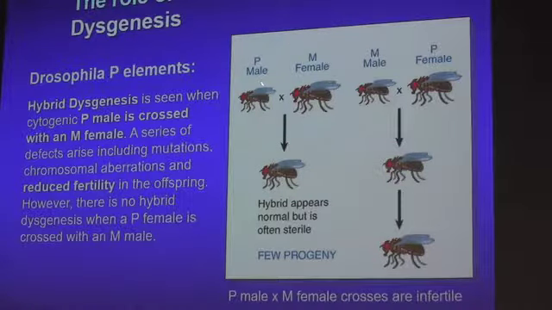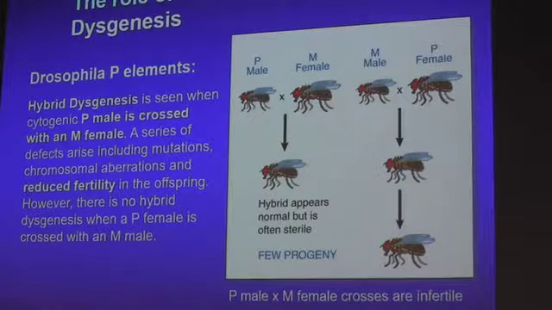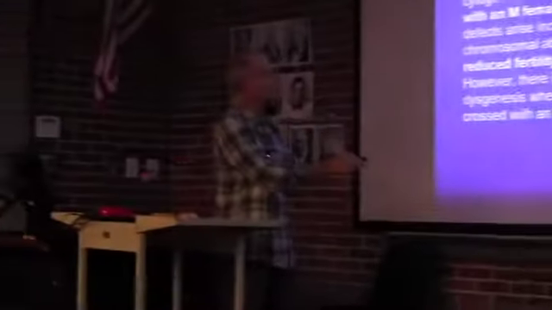If it was a P male and it crossed with an M female, you got what looked like a normal fly, but they were sterile. They'd also have other kinds of genetic disruptions. It turns out the P strain actually contains this frisky transposon that still likes to rumble, to move around.